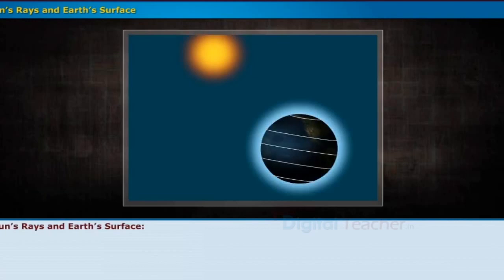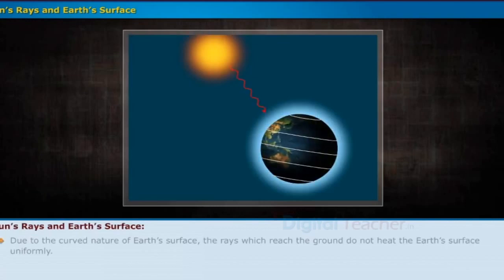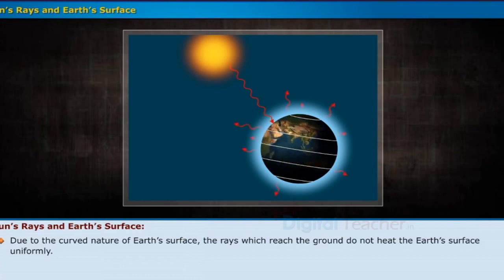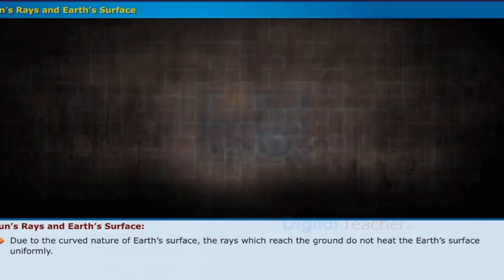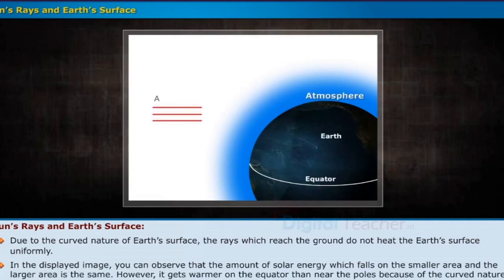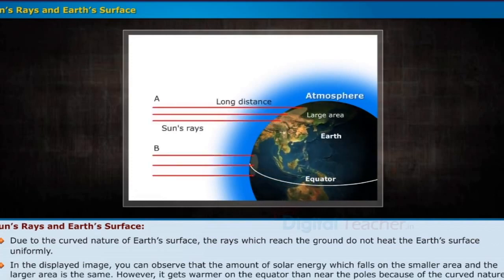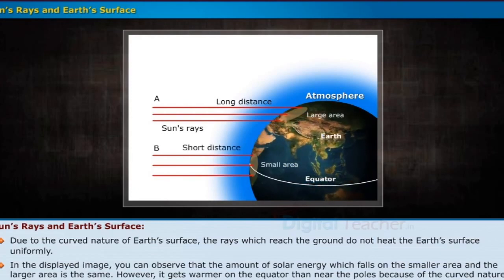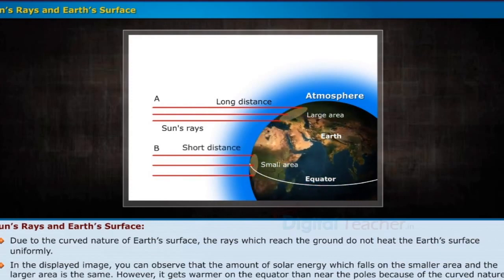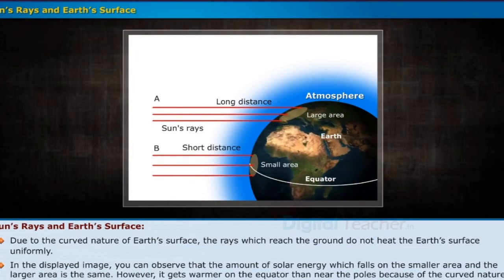Let us learn about the sun's rays and Earth's surface. Due to the curved nature of Earth's surface, the rays which reach the ground do not heat the Earth's surface uniformly. In the displayed image, you can observe that the amount of solar energy which falls on the smaller area and the larger area is the same.